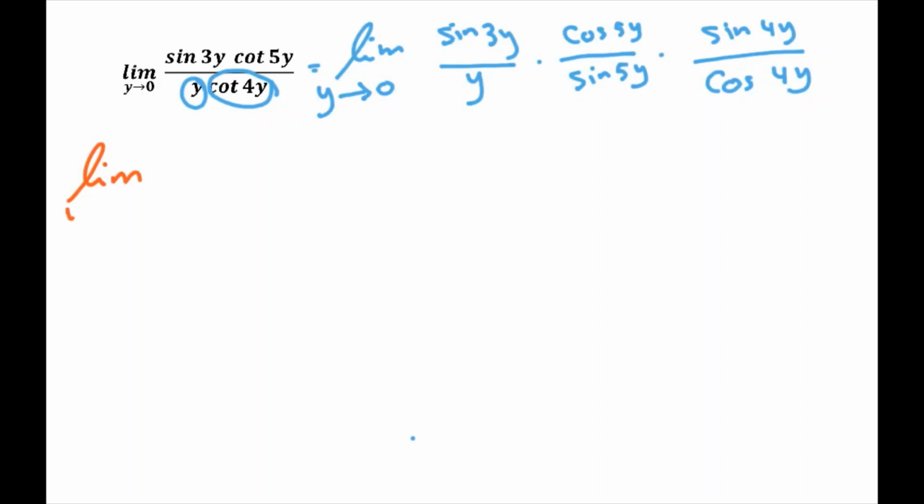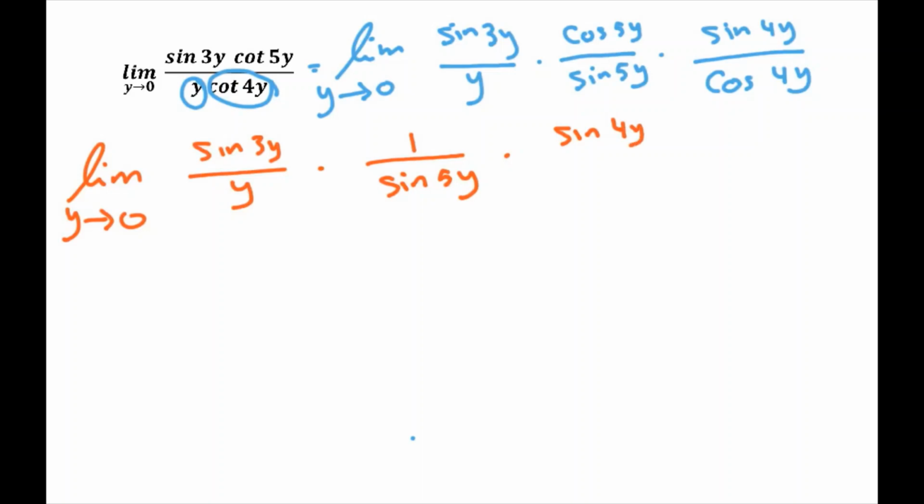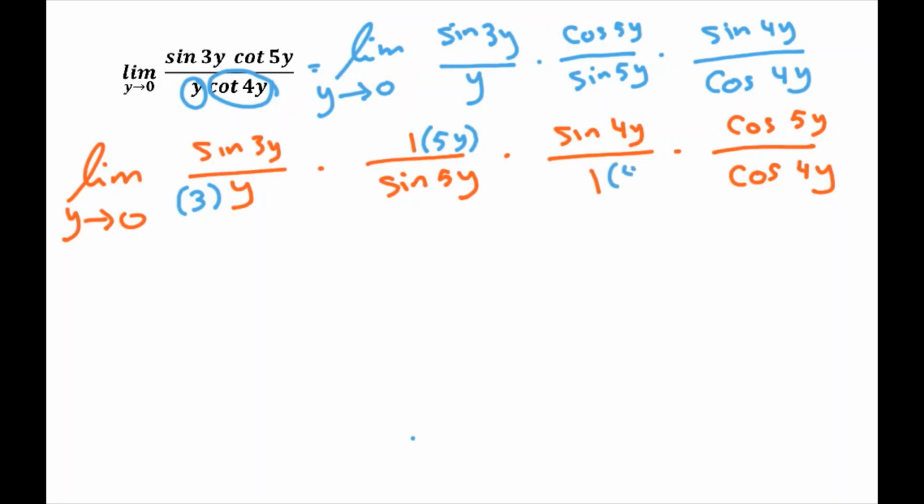So the limit as y approaches 0 of sine 3y over y, multiplied by 1 over sine 5y, multiplied by sine 4y over 1, multiplied by cosine 5y over cosine 4y. Now what do we need? We need 3y here, we need 5y here, and we need 4y here.